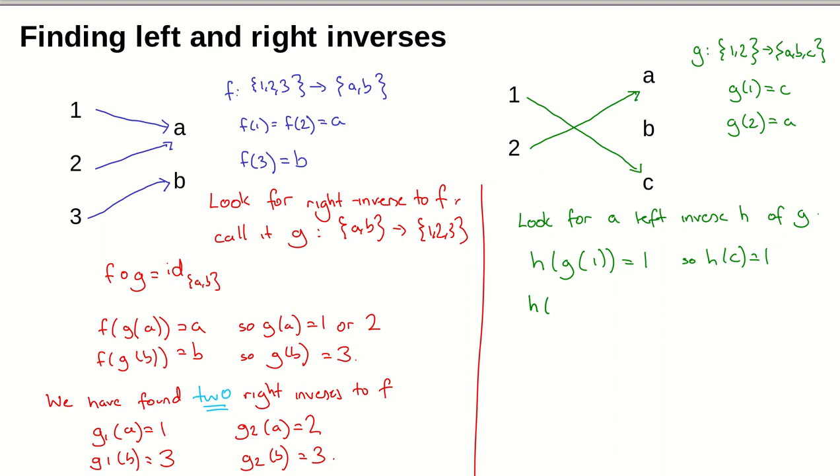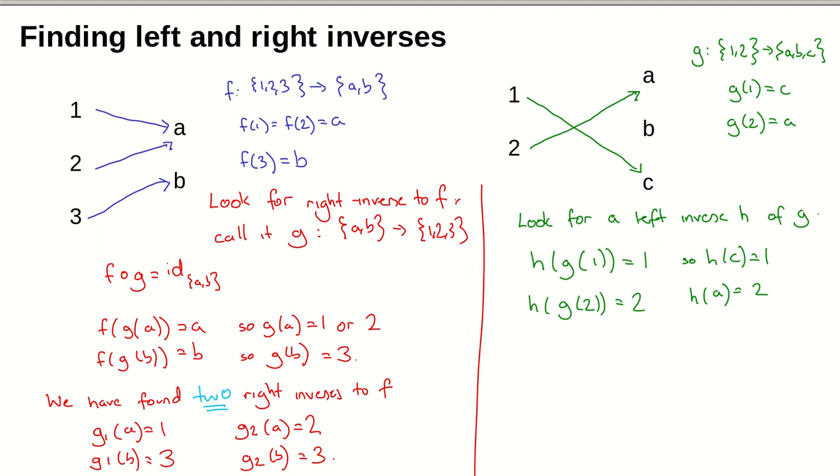On the other hand, the other condition for h composed with g to be the identity on the set {1, 2} is that h of g of 2 must be equal to 2. Since g of 2 is equal to a, I must have h of a equal to 2. Those are the only two conditions which my function h has to obey in order to be a left inverse for g.